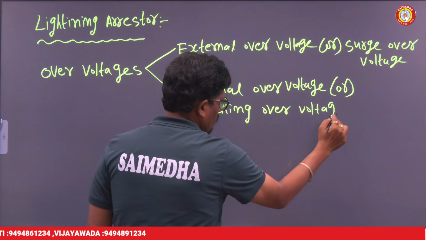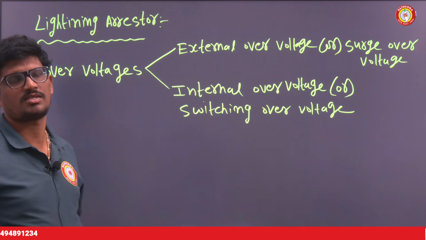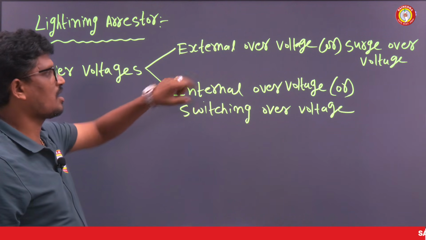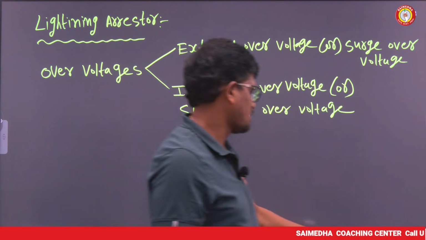There are two types of over voltage that occur in a transmission line or even the substation. First, we are concentrating on external over voltages.